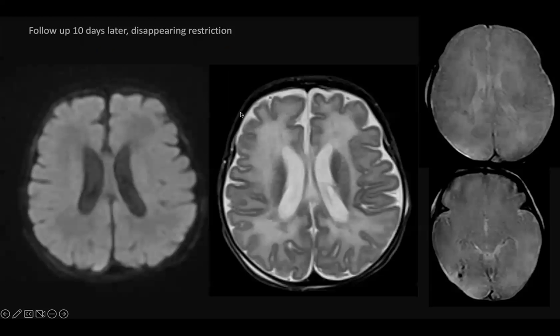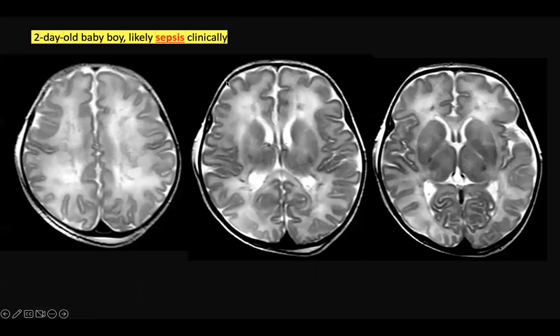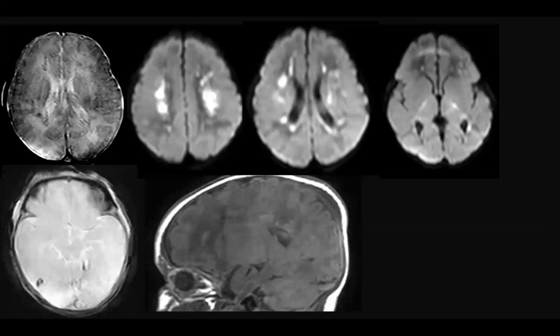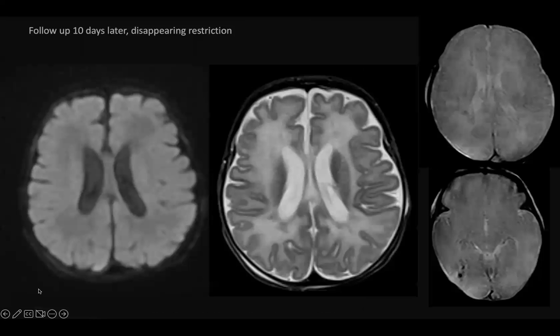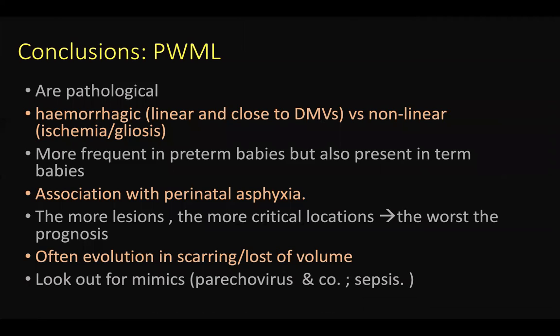Some are hemorrhagic, some are not hemorrhagic, and the restriction will disappear over time, but we start to have atrophic changes. There is still some susceptibility. So this is an example of sepsis-related punctate white matter lesions. Some of them are restricting, some of them are DWI positive, and the evolution is toward atrophy.